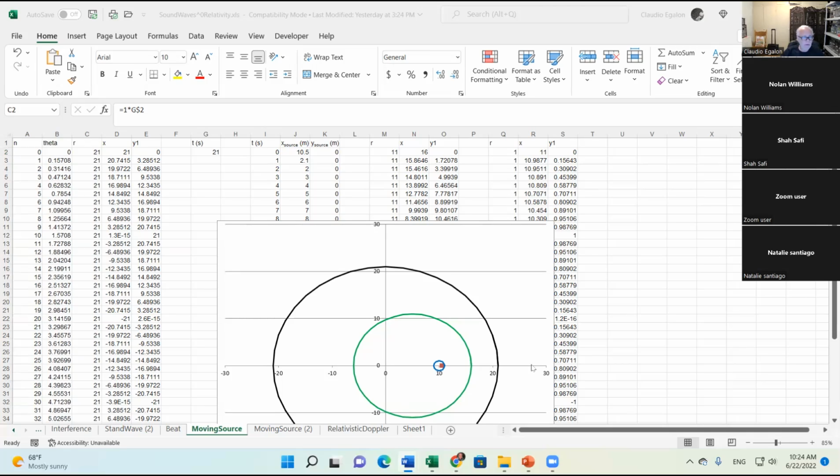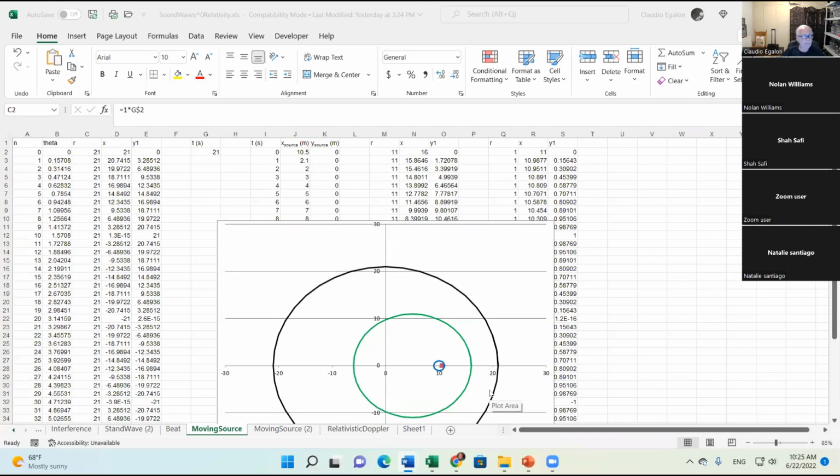Then we have our observer somewhere around here. Just by analyzing this figure, we can figure out what the wavelength measured by the observer is going to be. This wavelength is lambda prime.